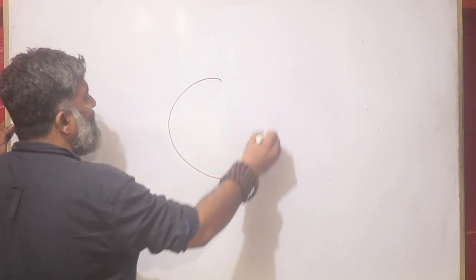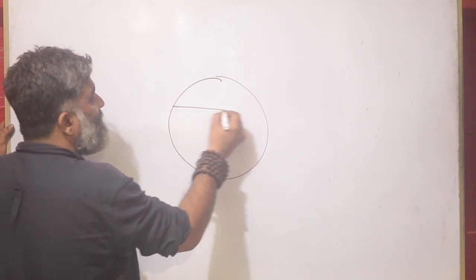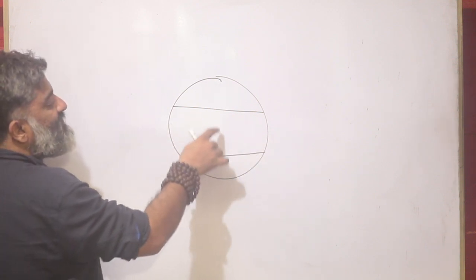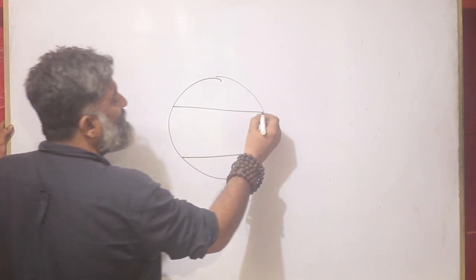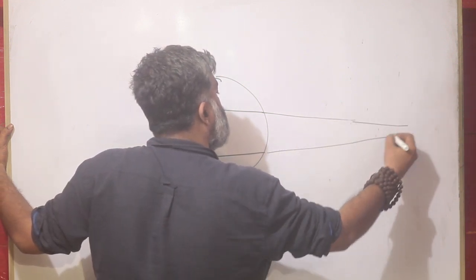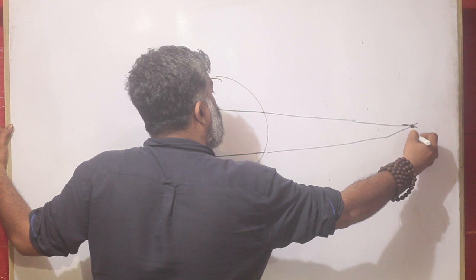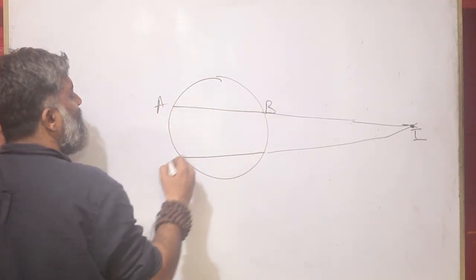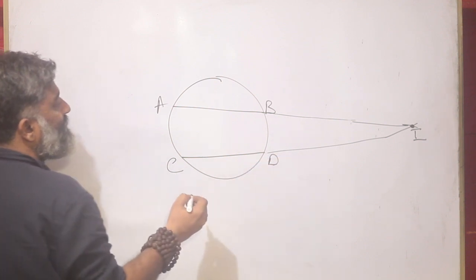Now the very same idea in a slightly different context. We are still thinking of two chords, but this time they're not intersecting inside the circle. Say they will intersect outside the circle at some point, somewhere, and let's call this point I again. And say the chords are AB and CD.